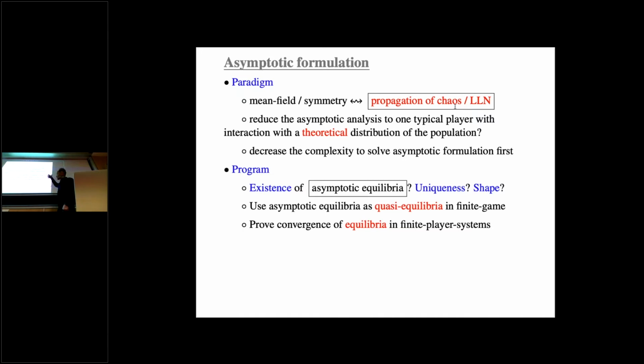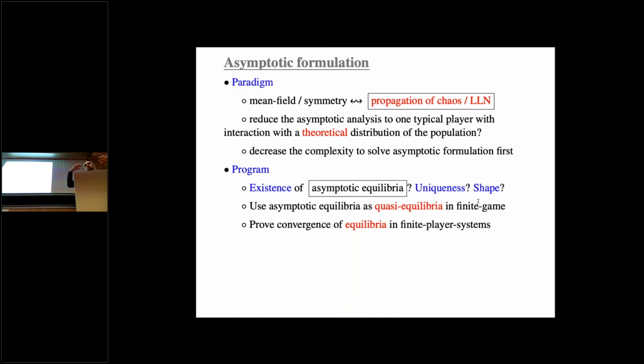First, I'm going to try to explain to you what should be an asymptotic formulation for this kind of mean-field games. And then we will wonder about existence of equilibria, uniqueness of equilibria, and also about the shape of these equilibria, and possibly how to come back to finite models.